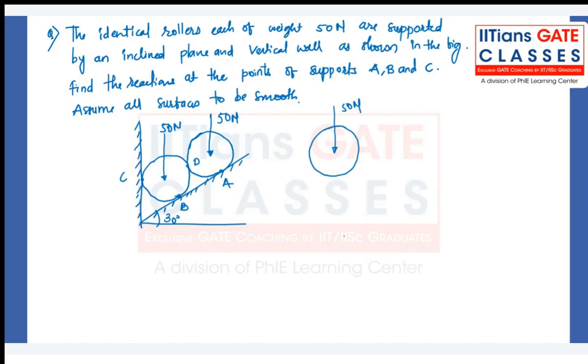We have RA and RD only. You have to find the angles. That is the main point here.